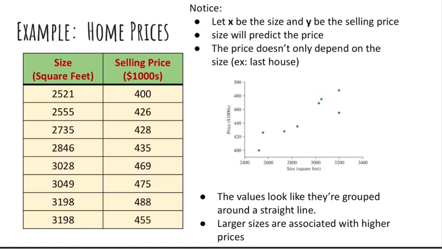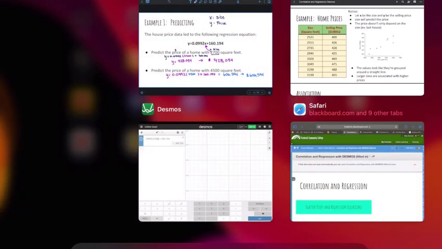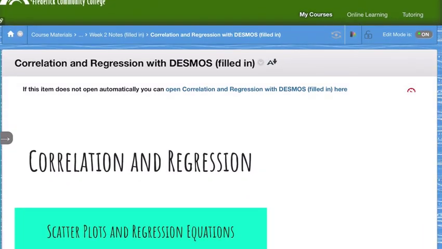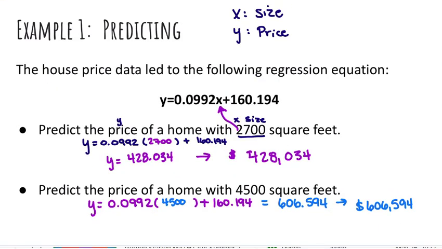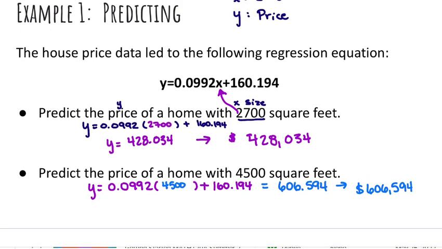So the regression equation is based off of the values that you see here, in a range from 2,500-ish to 3,198. If you look at the numbers we plugged in, we plugged in 2,700 and 4,500. 2,700 fell within the boundaries of the points in that data set, whereas 4,500 falls outside of that.